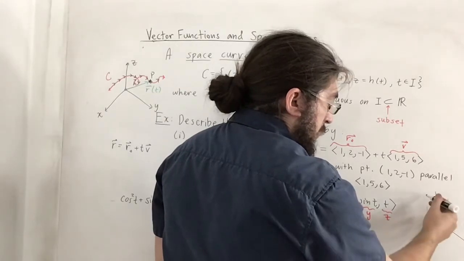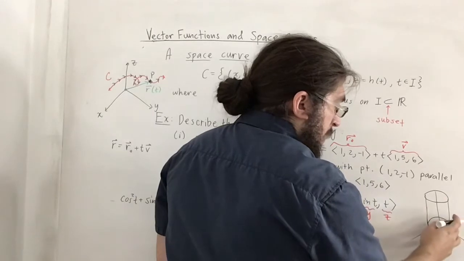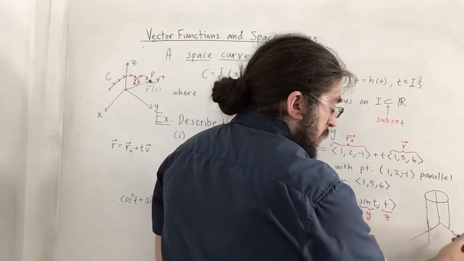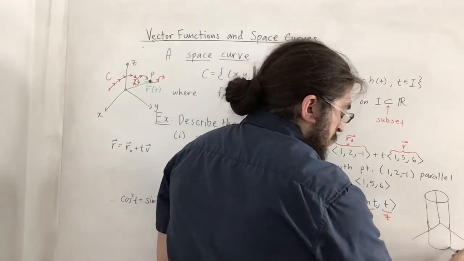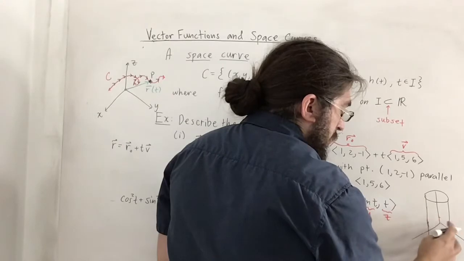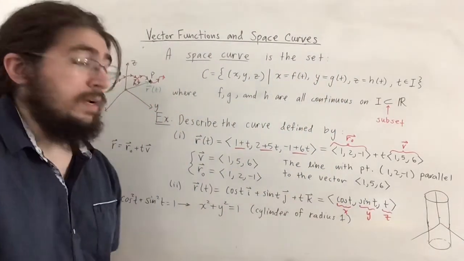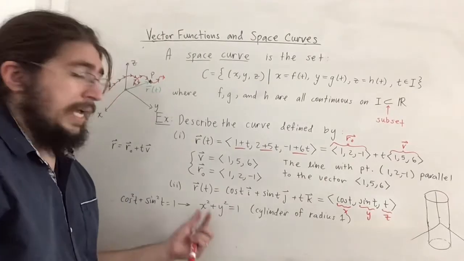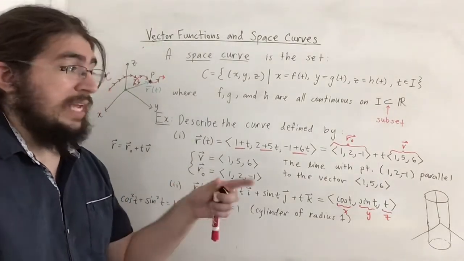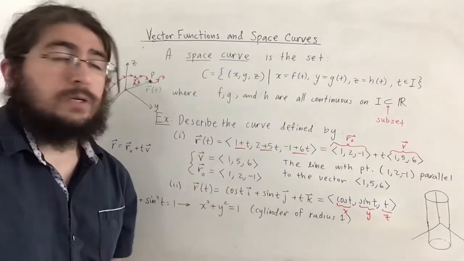Let me make it a little more straight, and let me get rid of the center part. So this cylinder extends indefinitely up and down like this, but it is indeed a cylinder of radius 1, centered at the origin. Just like x squared plus y squared equals 1 is a circle of radius 1 centered at the origin of the xy plane, but in three-dimensional space, we're unlimited in the z direction.